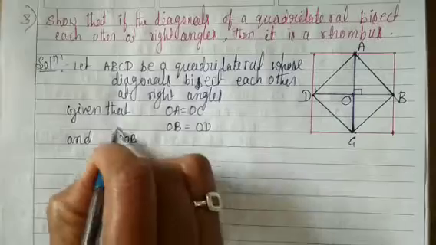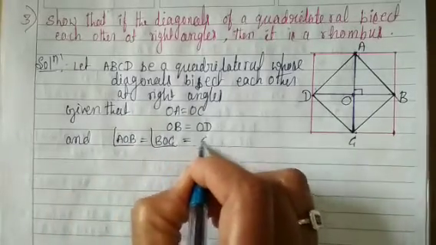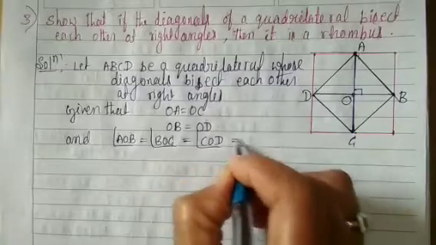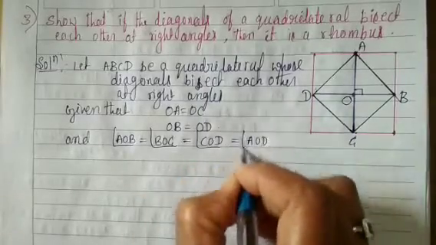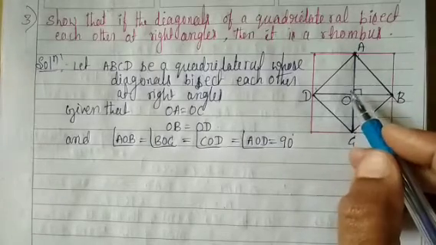Angle AOB is equal to angle BOC is equal to angle COD is equal to angle AOD is equal to 90 degrees. In the picture, I can explain this.